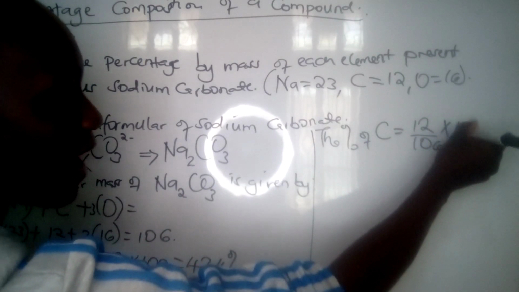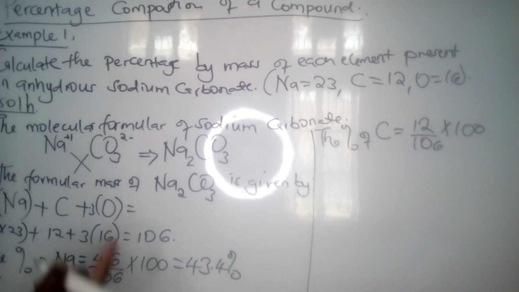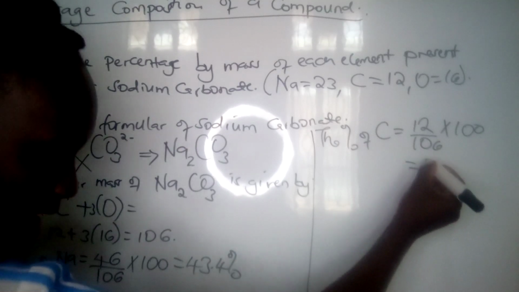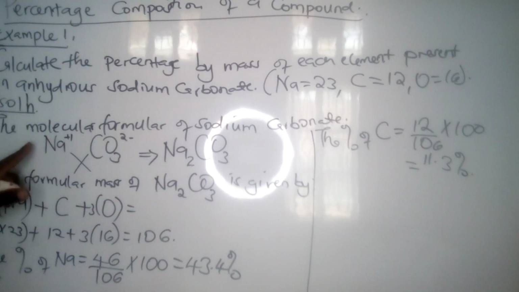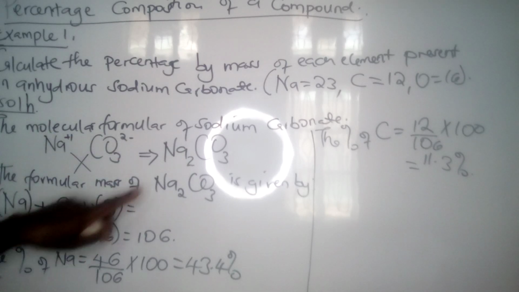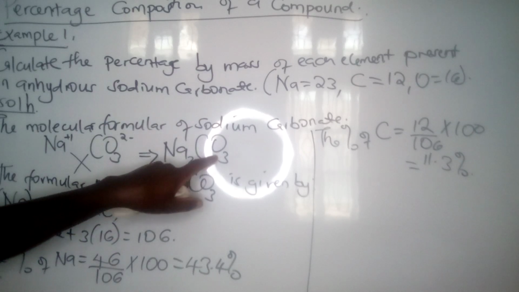We multiply by 100 because we are talking about the percentage formula. So when you multiply this, it should give us 11.3%.